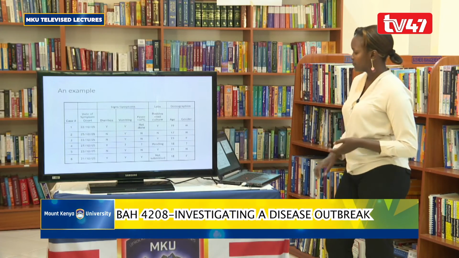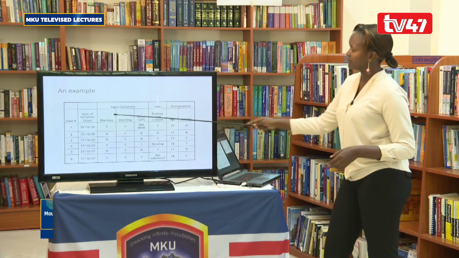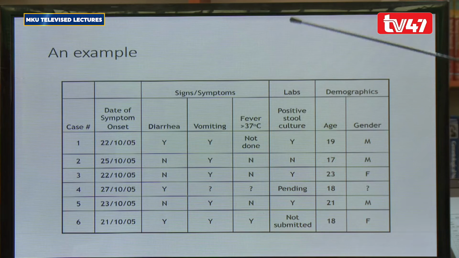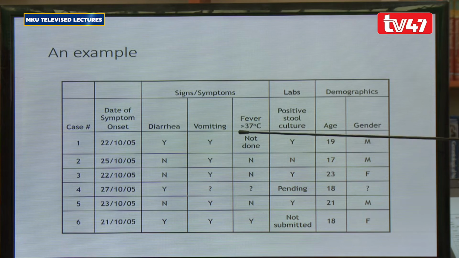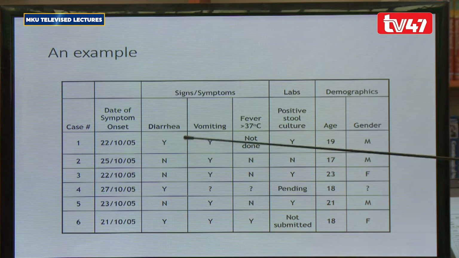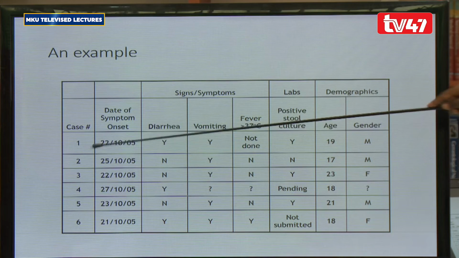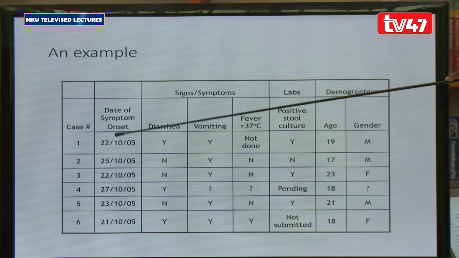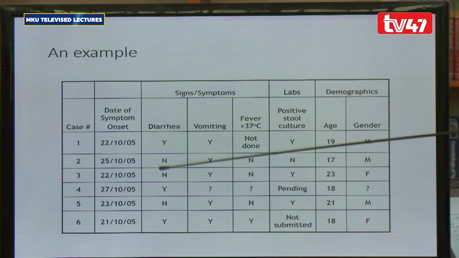So this is an example of a line listing. You have the columns, which will show the variables. For this case, probably there were clinical signs of diarrhea and vomiting. The rows will be the case number 1, the date of onset of the symptoms.